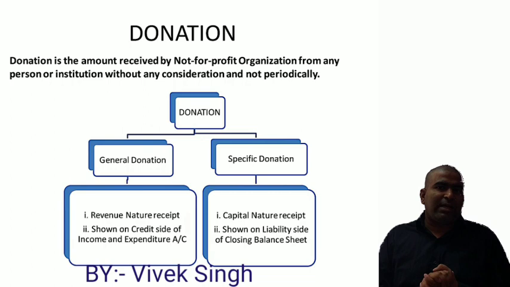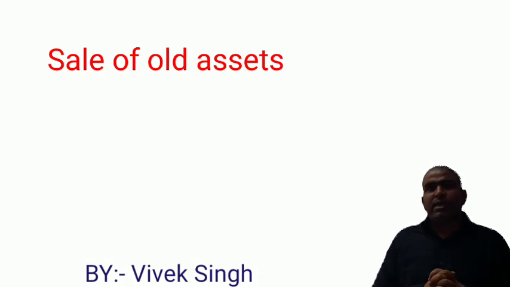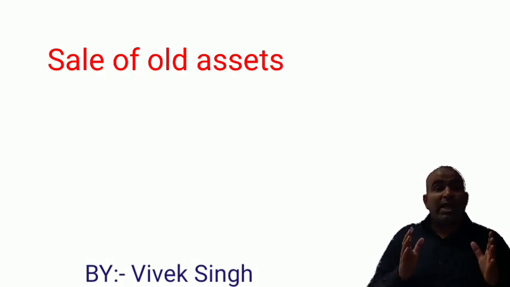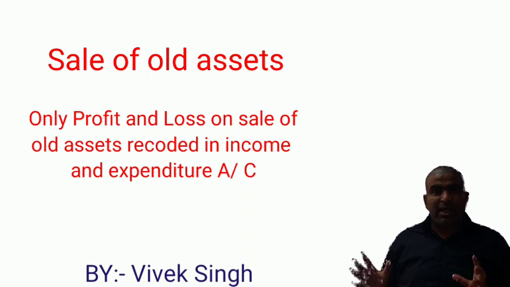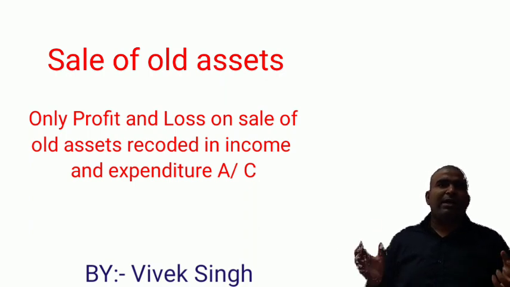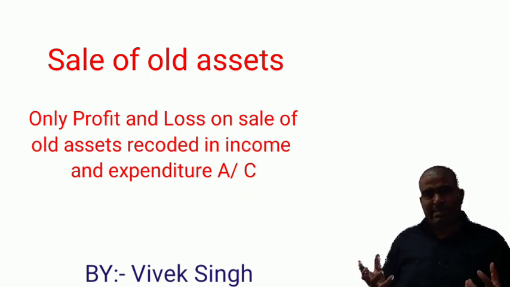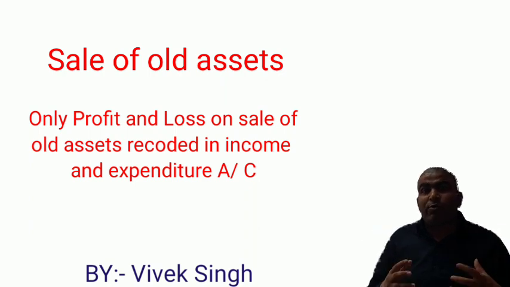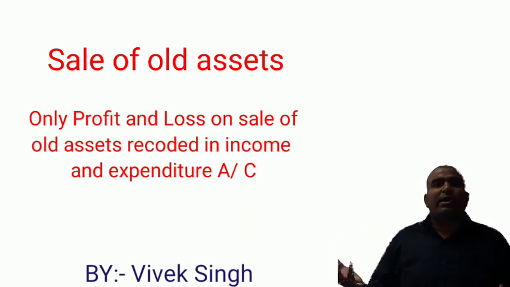There are only the last 2 points. There is a sale of old assets. If a company sold their old assets, then what will be the accounting treatment for the sale of old assets?